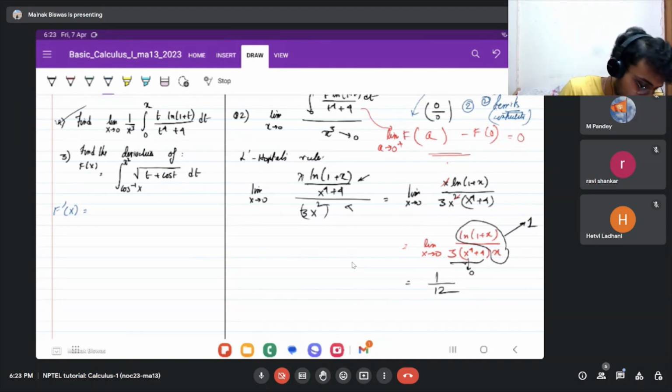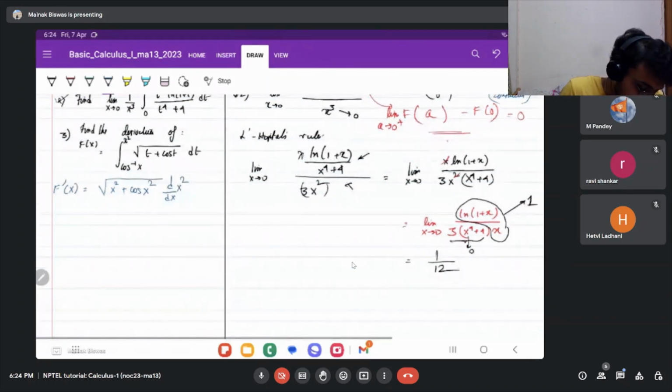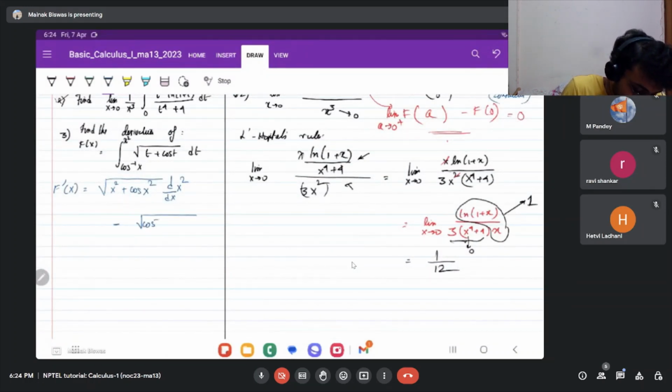Okay, people are not replying, so I'll start. So first, I'll just put x square in the place of t, and I will take the derivative of x square minus cos inverse x plus cos of cos inverse x d/dx of cos inverse x.